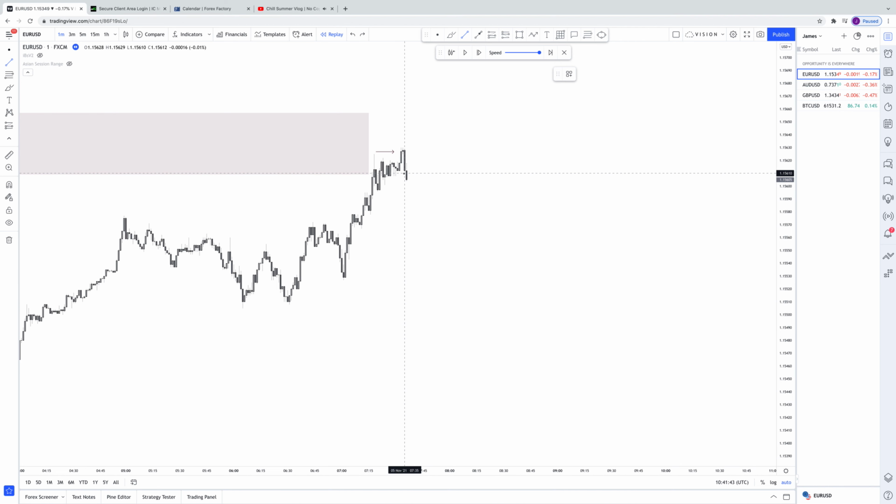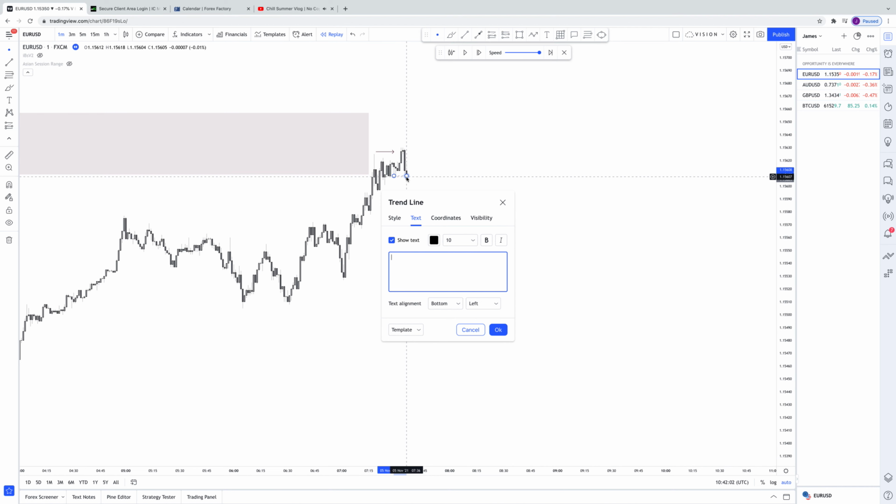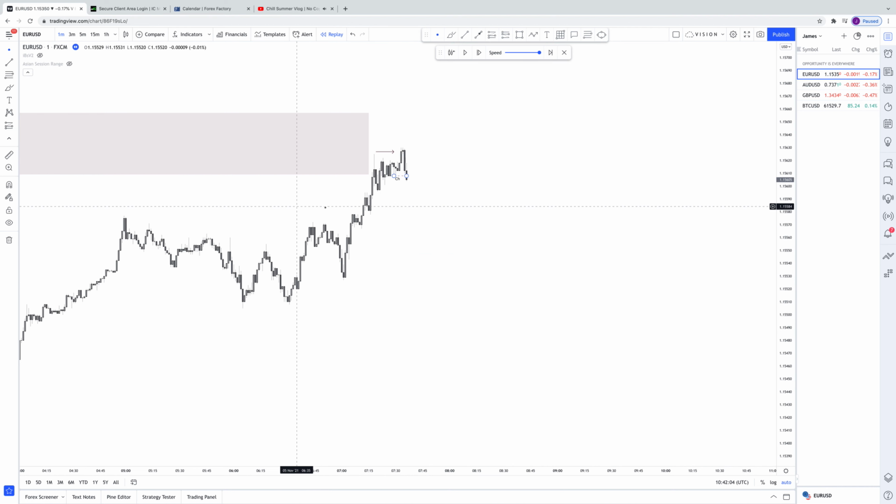You need to understand we are early into the supply zone, and it's safer to wait for a bit more confirmation, but it comes down to what you've found in your own testing. So we can mark this on, change of character. CH stands for change of character.